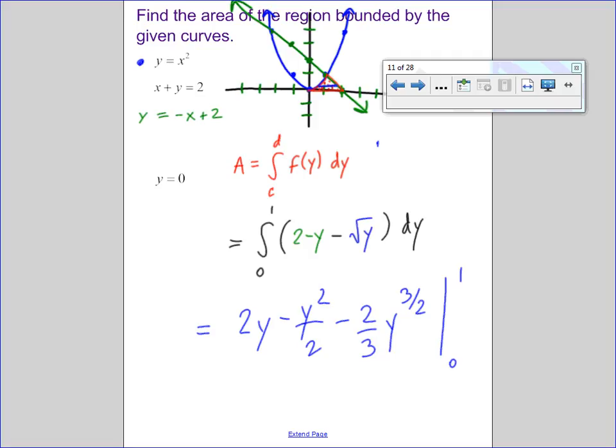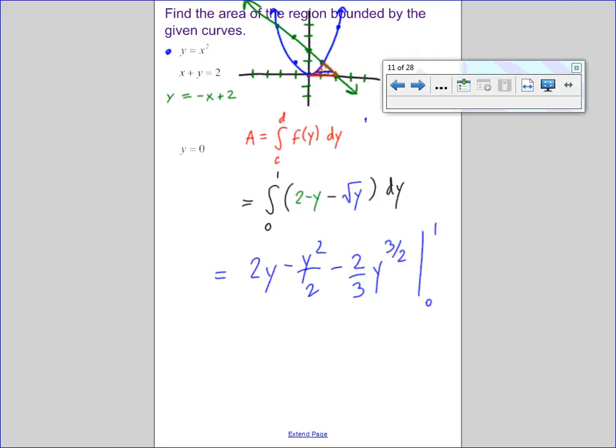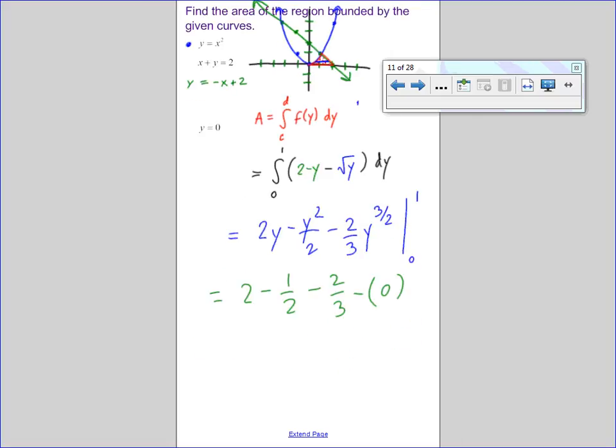You down? Awesome. And we can do this nicely because my upper limit is just 1. So it looks like 2 minus 1/2 minus 2/3, minus 0 all the way through, would be 0. And I'm left with 2 minus 1/2. Oh, goodness.